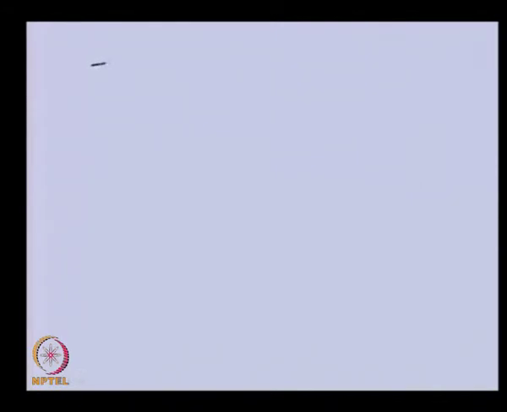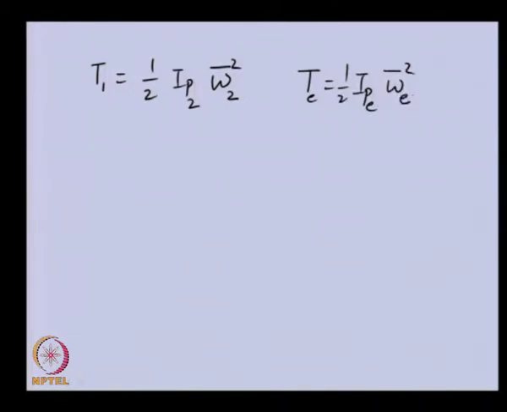Let us say for the actual system, we have kinetic energy with IP2 and the angular velocity is, let us say, this, and for the equivalent system the kinetic energy is with IP equivalent, and let us say the angular velocity of this is this.